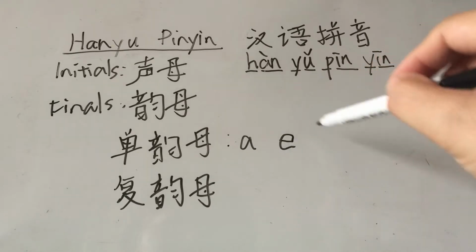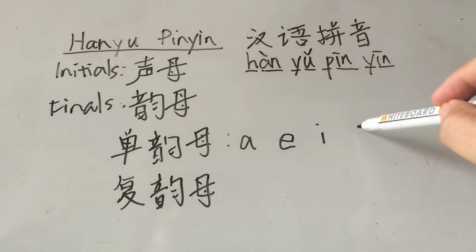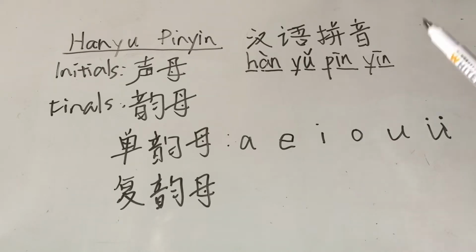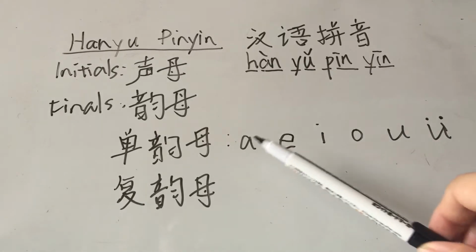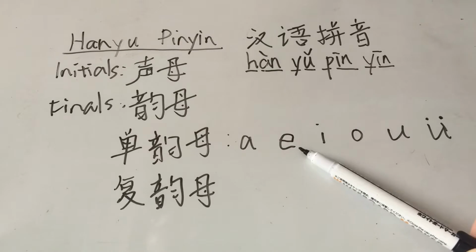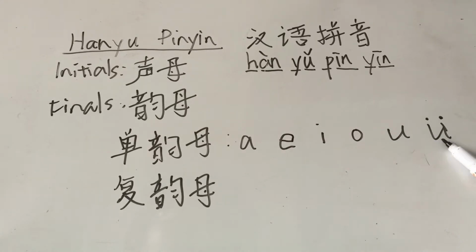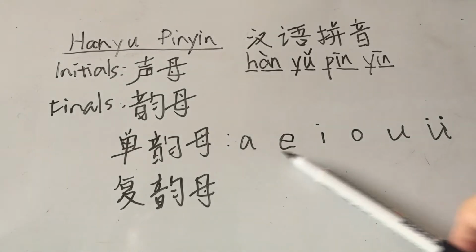Look at this. It's like vowels. It's exactly the same as the vowels in English, and one more extra is called a U with 2 dots on top. So how do we pronounce it? A, E, I, O, U, Ü. It's fine if you couldn't remember.